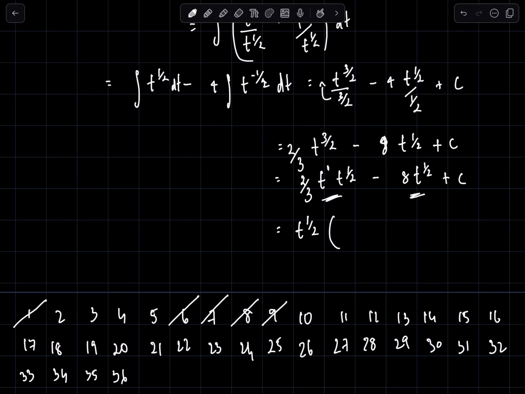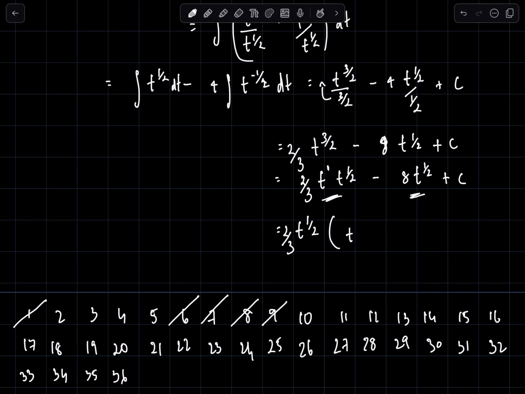Is 2 also a common factor? So what did they do? Okay, they're getting 2 by 3 at the end, so they took out 2 by 3 also as a common factor, right? If you take out 2 by 3 as a common factor, you divide by 2 by 3 on each side. So if I divide 2 by 3 here, this becomes 1 and t raised to the power half, so t is left, right?